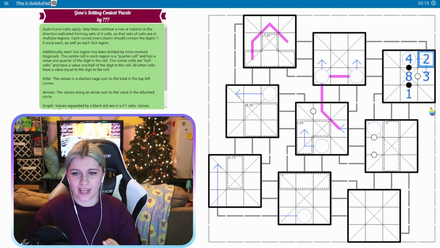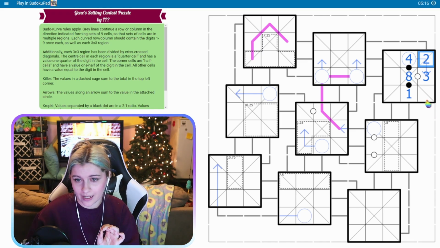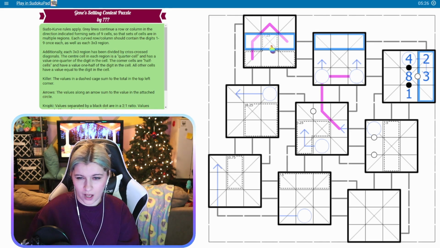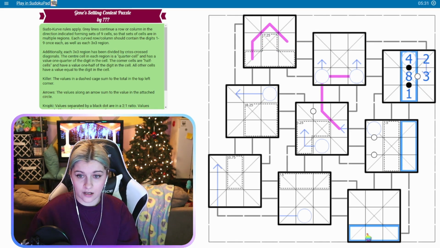I'm going to get these vocabulary words down in a second. We'll figure it out. Awesome. So now this row already has a 4 and a 2 in it. This column already has a 2, 3 in it. This already has a 4, 8, and 1 in it.